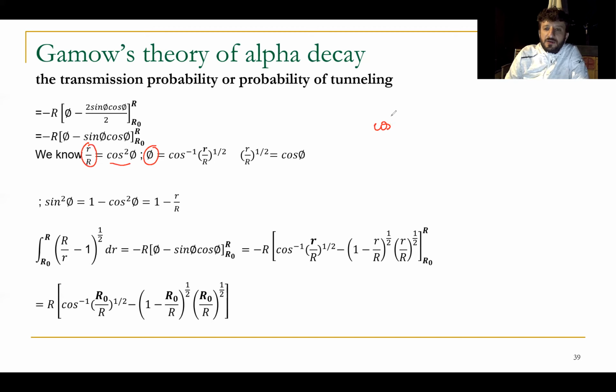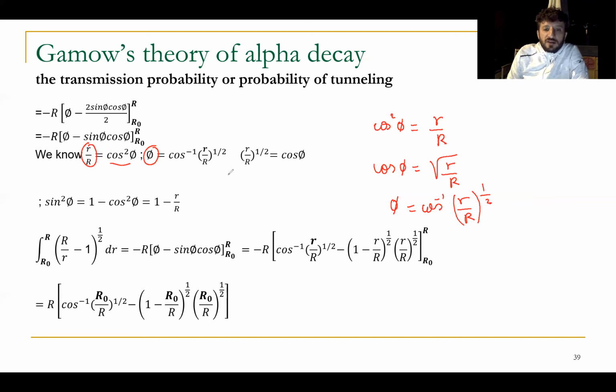We can say cosine square phi equals r divided by capital R. So cosine phi equals radical r divided by capital R. We can say phi equals cosine minus 1 of radical r divided by capital R.